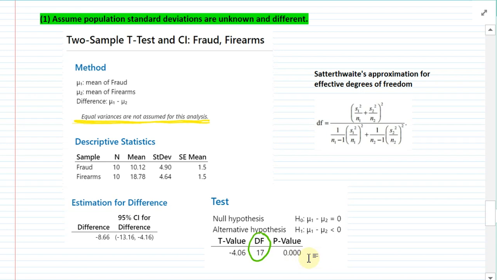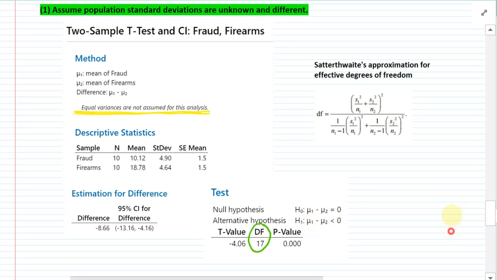So definitely a very small p-value, which means the null must go. If p is small, null must go. So the null hypothesis will be rejected. Clear and convincing evidence against the null. And when we reject the null, we side with the alternative, and the alternative says you expect to do less time for fraud.